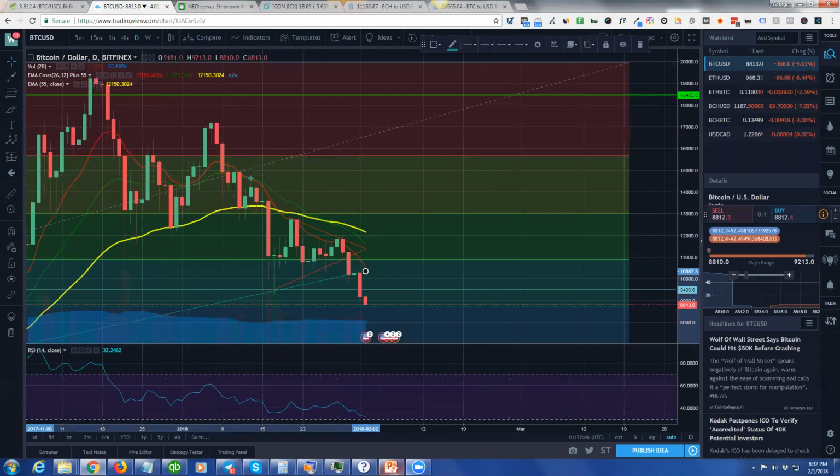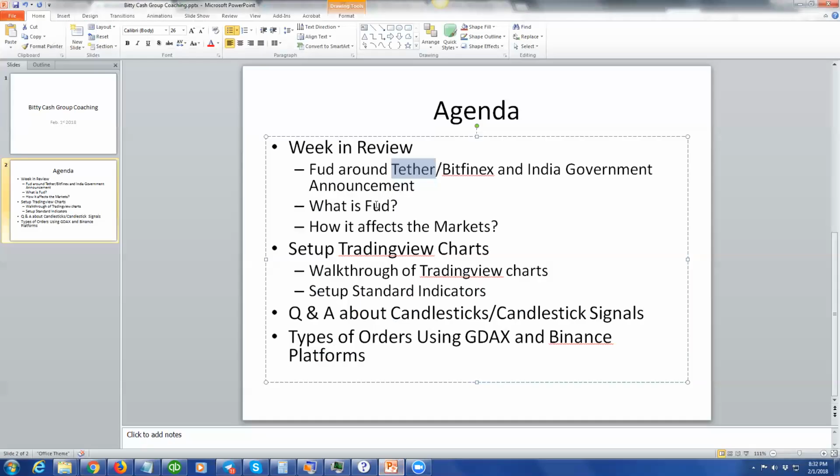And the thing is that you get a lot of this FUD news. And again, you're going to hear this term FUD. Everybody asks, what does FUD stand for? It's fear, uncertainty, and doubt in the market. Typically when there's any kind of news that comes out that causes fear in the market, that causes uncertainty as to what's going to happen to Bitcoin, like a news article saying that Bitcoin is tanking, right?